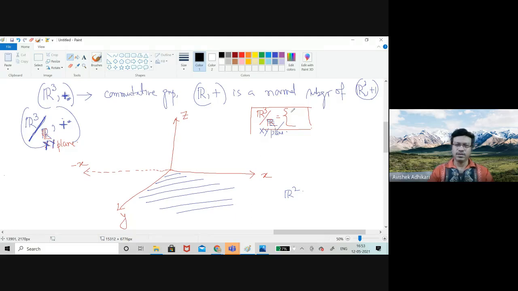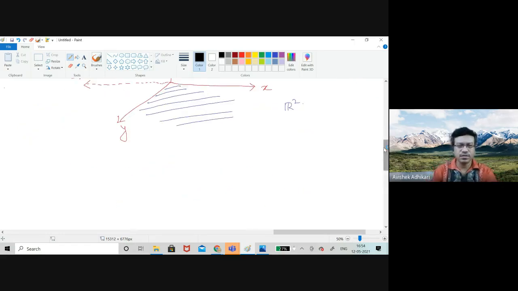Okay, so R3 means some ABC plus xy plane. How does the xy plane look? So maybe I should write it here. R3 quotient xy plane.